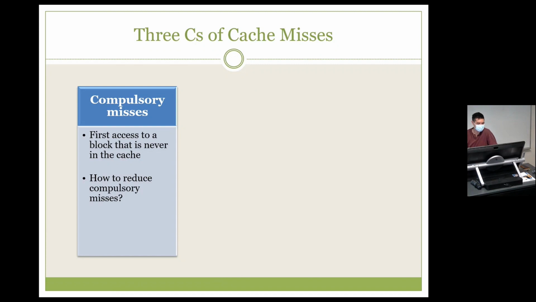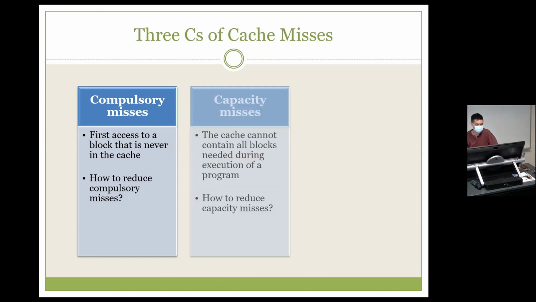Like it was the first time I'm ever accessing this block of memory, so there was no way for me to really know beforehand that I needed to put this into the cache. But you'll see in one of your presentations that that's not exactly true. There is prefetching. But you would still call those compulsory misses if your prefetcher wasn't correct.